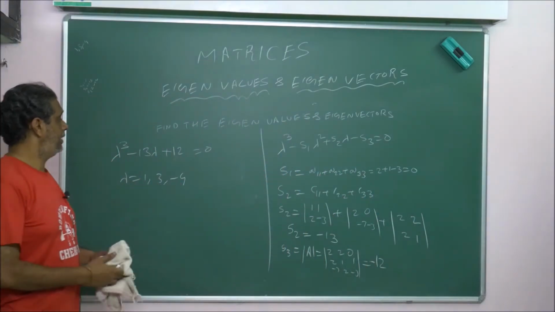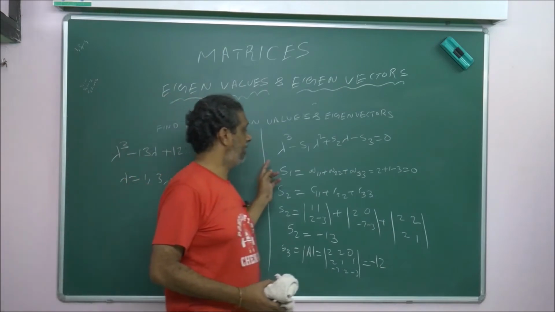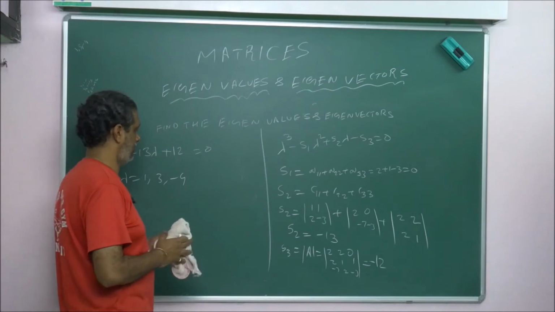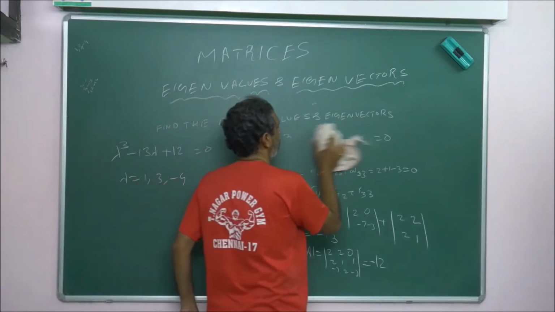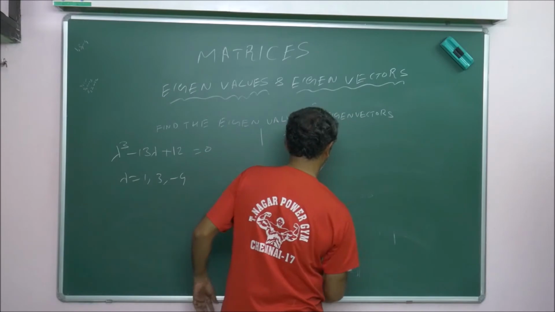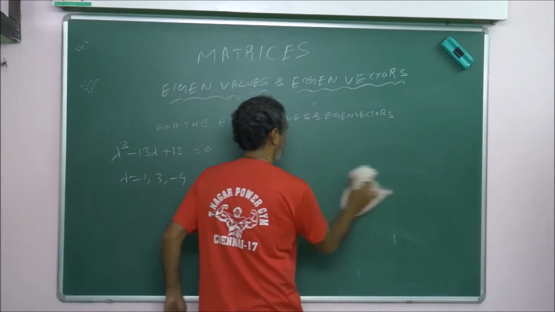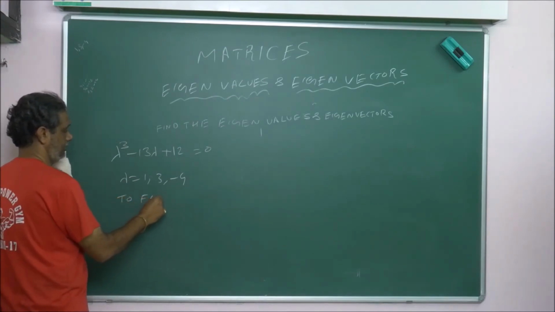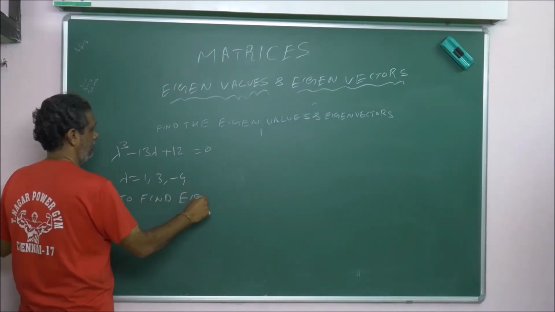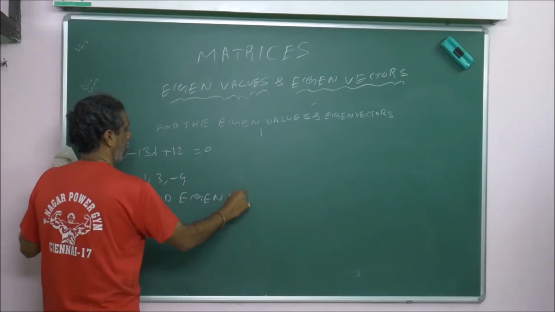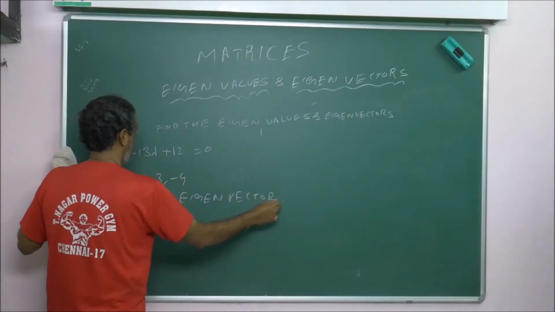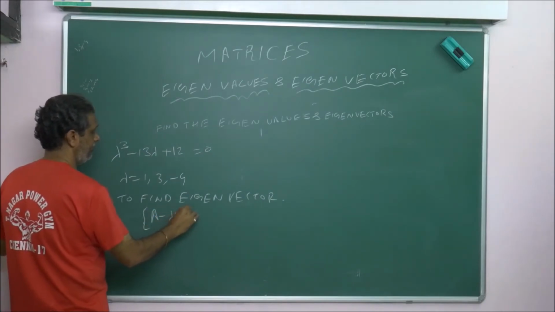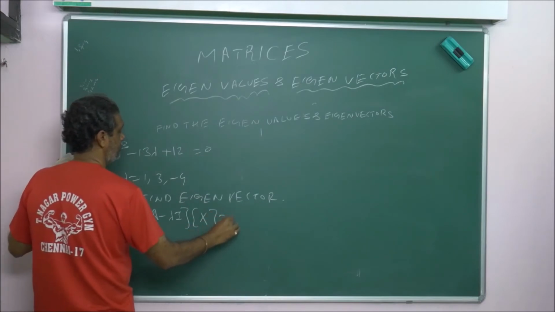Okay, then using these eigenvalues I want to find the eigenvectors, first when lambda is equal to 1. To find the eigenvector, you write the matrix equation A minus lambda I into X is equal to 0.